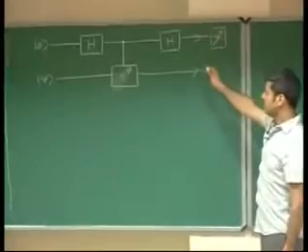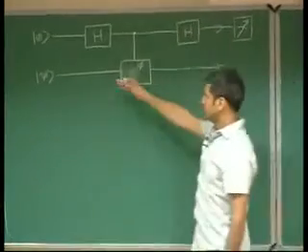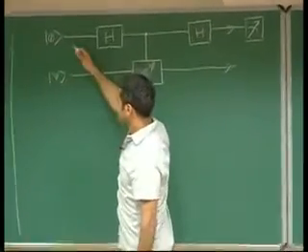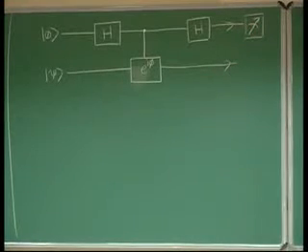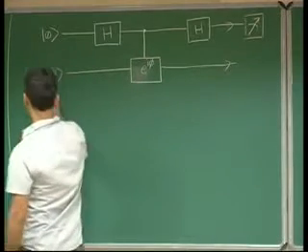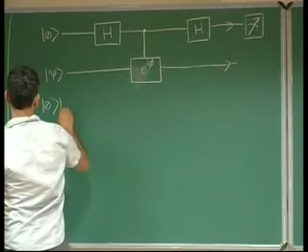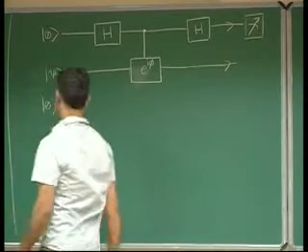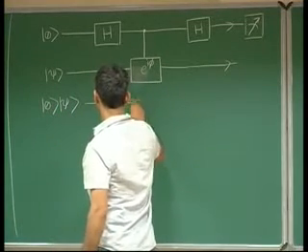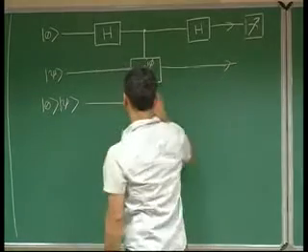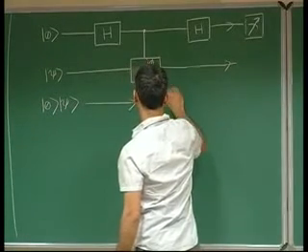So let's trace the joint state of this quantum system through this circuit to see what happens at the very end. What will you observe out here? So I can write this state as |0>|ψ>. The Hadamard transformation basically converts the 0 into an equal superposition of 0 and 1.